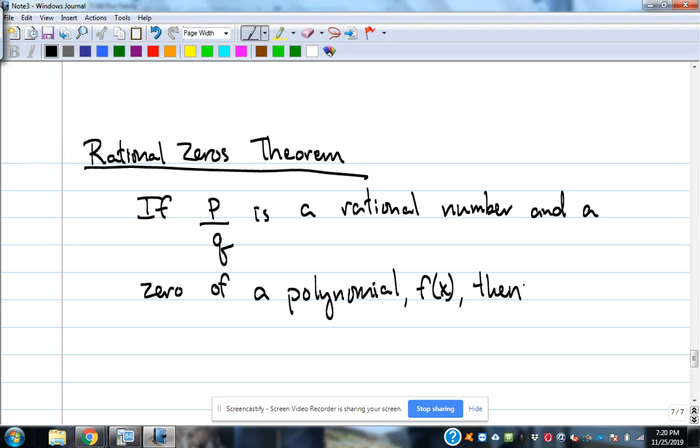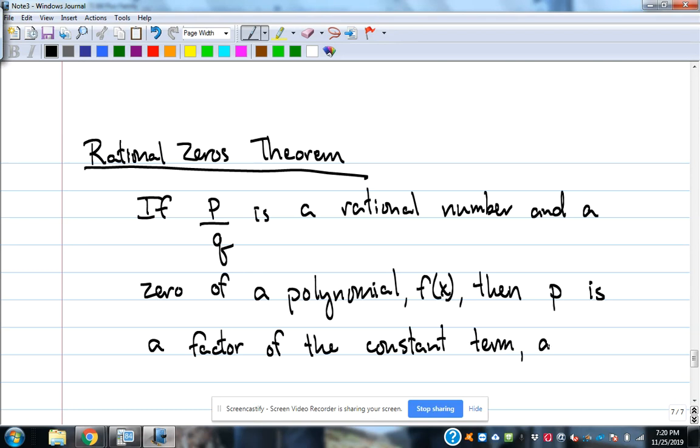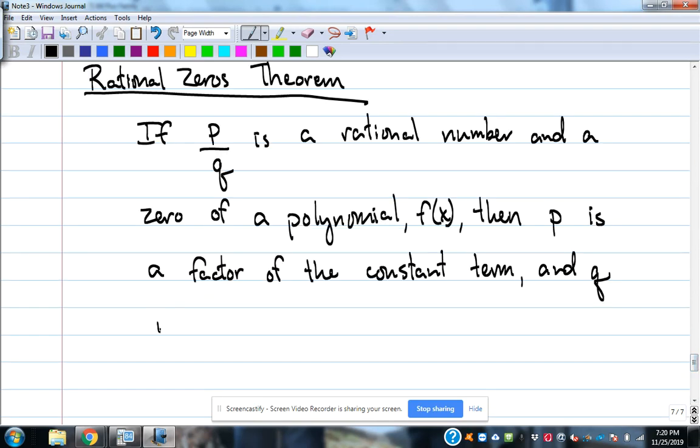Then P is a factor of the constant term and Q is a factor of the leading coefficient.